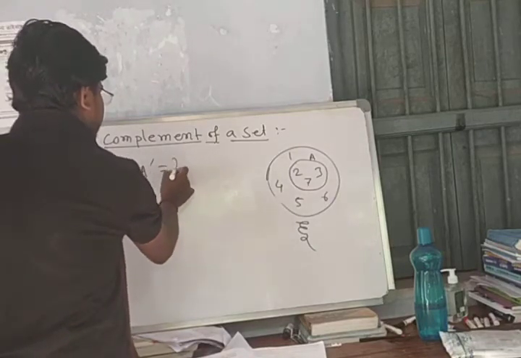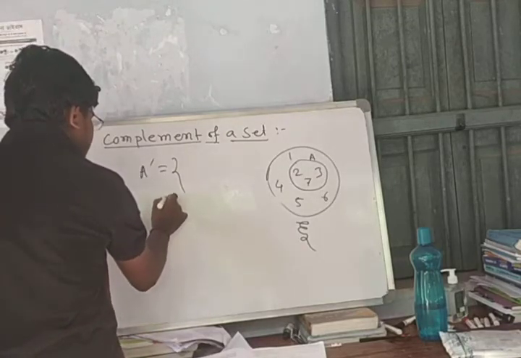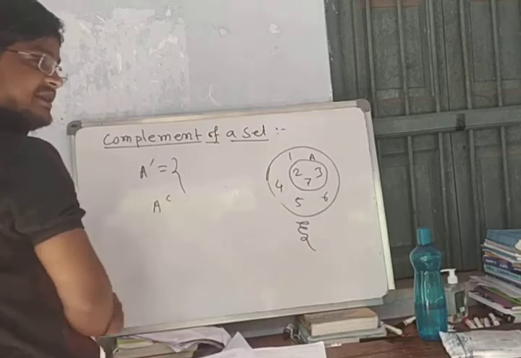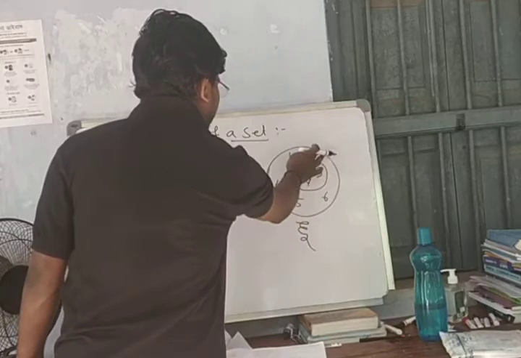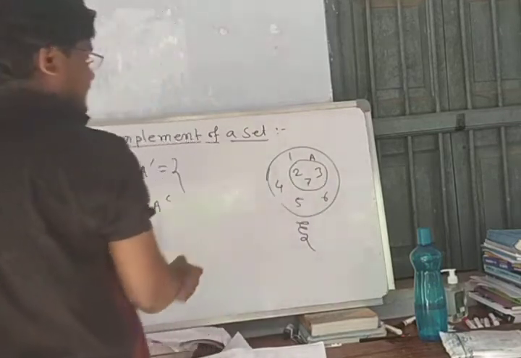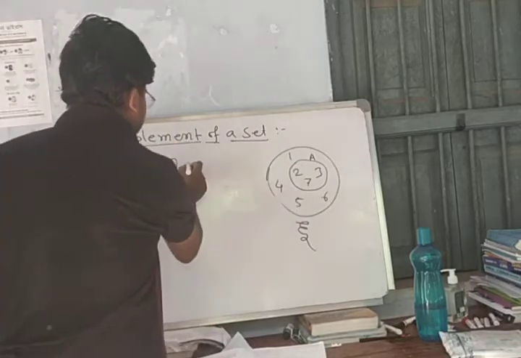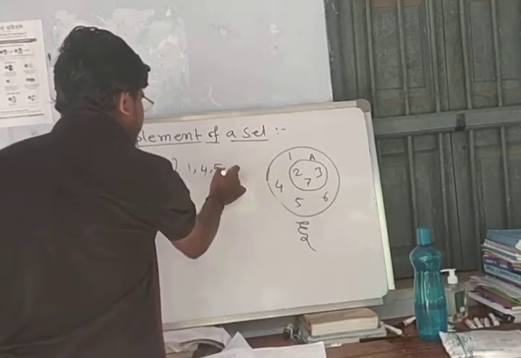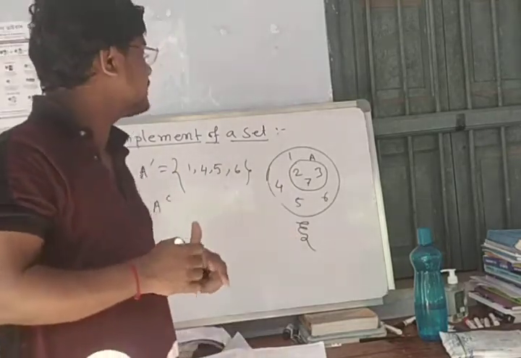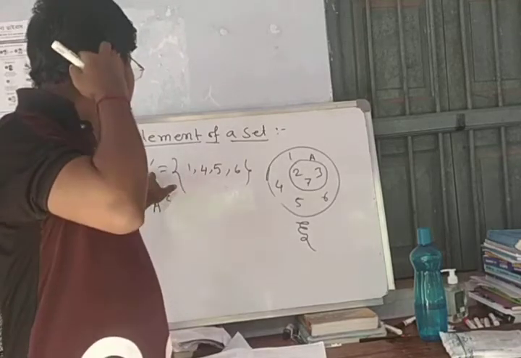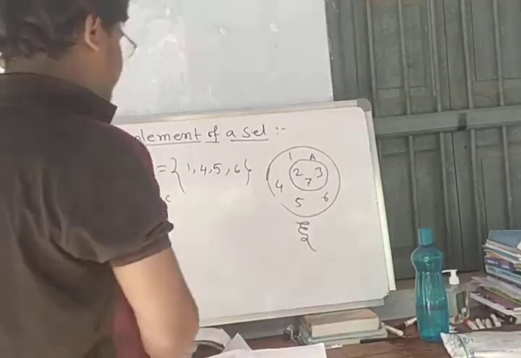Complement can be written as A dash, or in some books it can be written as A C. Then it will be the elements of the others in the universal set except A, that is 1, 4, 5, 6. These are the elements which do not belong to A but belong to the universal set. Therefore, the complement of the set A will be 1, 4, 5 and 6.